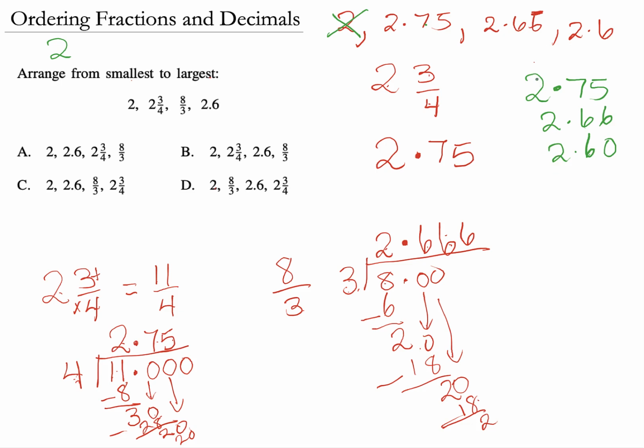So if you notice here, these are all 2s. So this can't really tell you anything. So next we go to the next place value, and I notice that I see the 7 and then the 6 and the 6. Now this 7 would tell me that this would be my largest. So the 2.75 would be my largest.